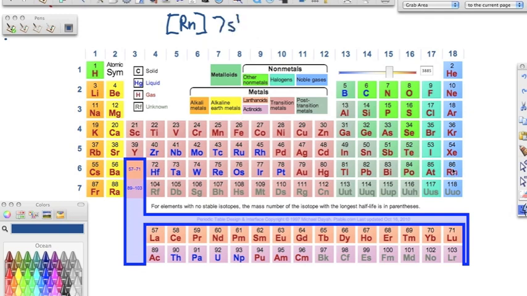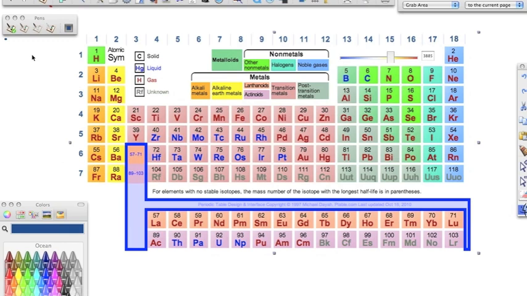We know that that is francium, and francium is in the first group, 7th period, and it is in the S block. Remember, we have S over here, D in the middle, P over here, and then F on the bottom.